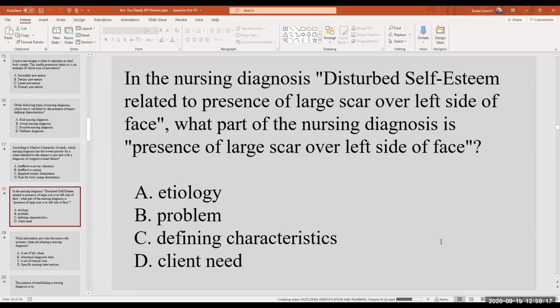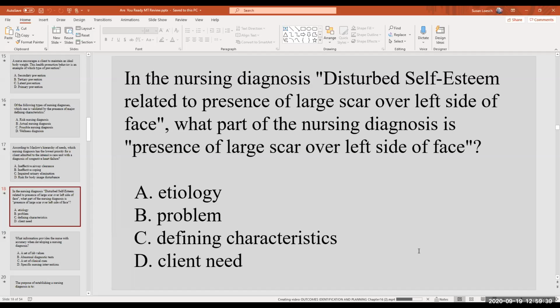Defining characteristics. I think it's B. It's A. Okay, so the nursing diagnosis is disturbed self-esteem related to the presence of a large scar over the left side. Now, disturbed self-esteem is the problem.